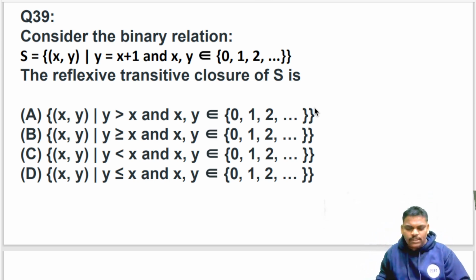P implies Q. If P, then Q. P if Q. Q if P. Which one is correct? 1, 2, 3. Can you help me now? Which are correct?